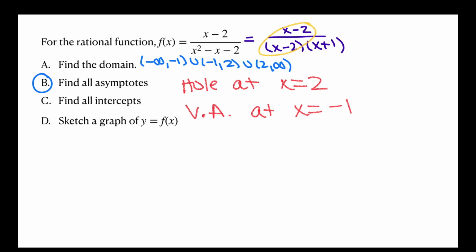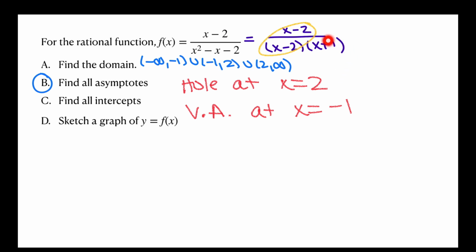To find my asymptotes, I want to look at zeros of the denominator as long as they are not part of a common factor. And in this particular problem, we actually have a common factor of x minus 2. That means there is a hole in the graph at x equals 2, or a removable discontinuity at x equals 2.